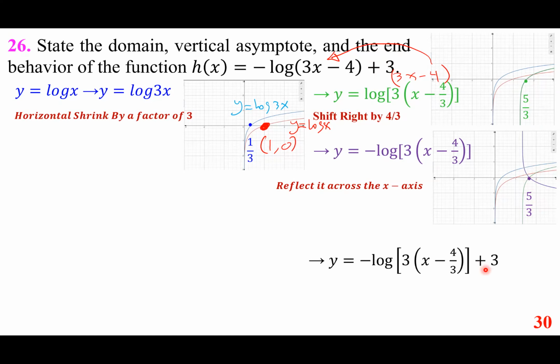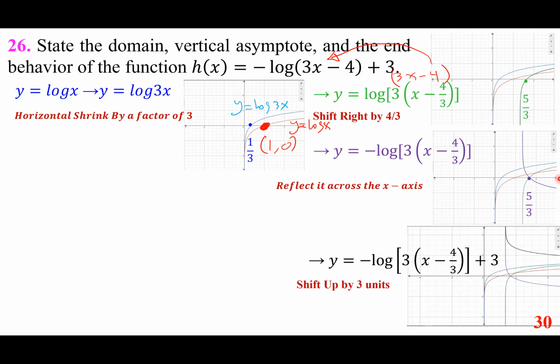Now with the plus 3, we are going to shift it up 3 units. And so now this function has gone up by 3 units.